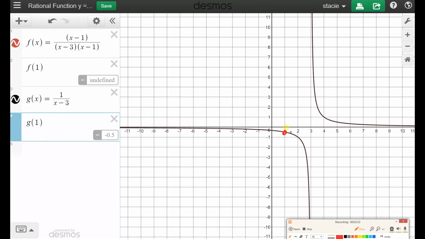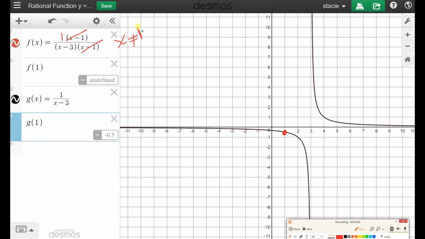Okay? And if you're doing some algebra and you want to simplify and you want to cross these out, the only way you're allowed to cross those out is if you make a point of saying x cannot equal positive 1.